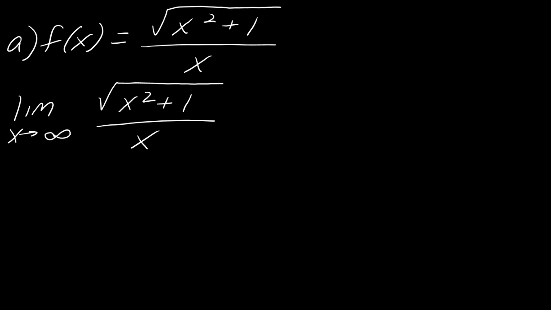That being said, what I want to do is divide everything by just the power of x. So I'm going to divide this by x, but I don't want to just divide this by x, I actually want to divide this by the square root of x squared. That is equivalent to dividing by x, but that will allow me to actually do the division inside this square root.